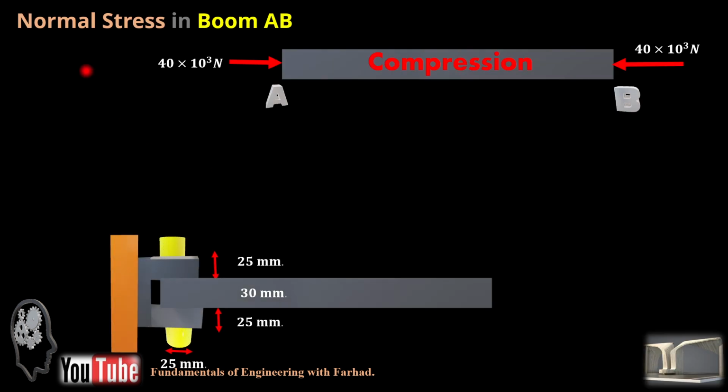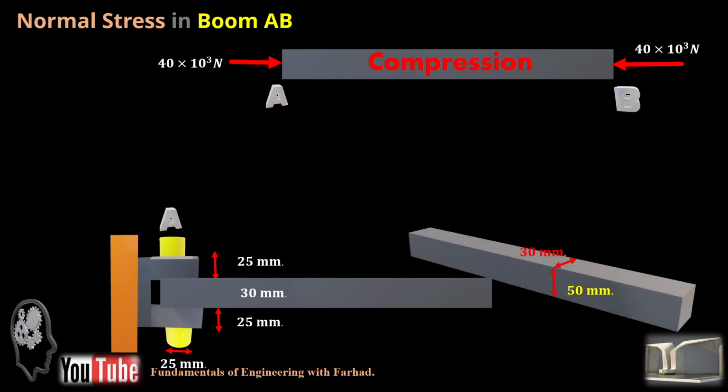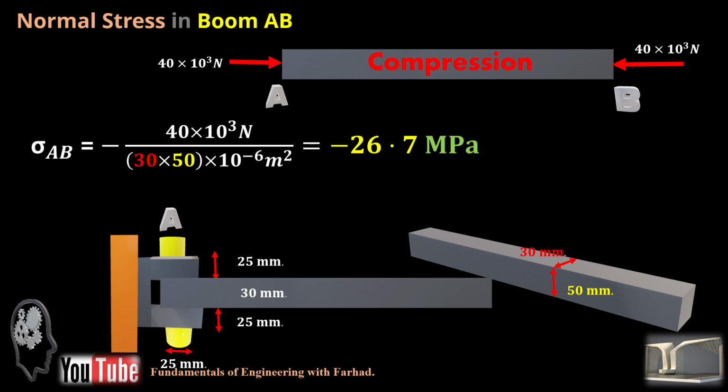First, normal stress in boom AB. This is our boom AB in compression, with a 40 kilonewton force applied at both ends. If we take a closer look, we can get the dimensions of boom AB. Sigma, or normal stress, is nothing but force over the area.